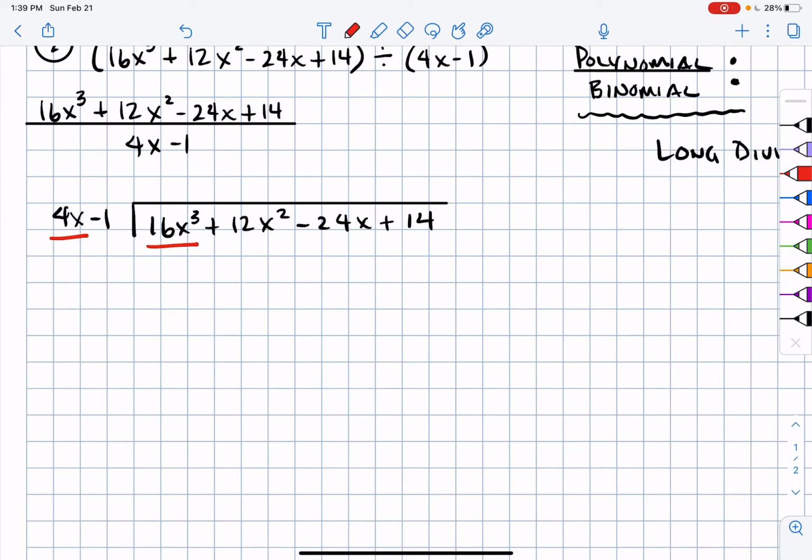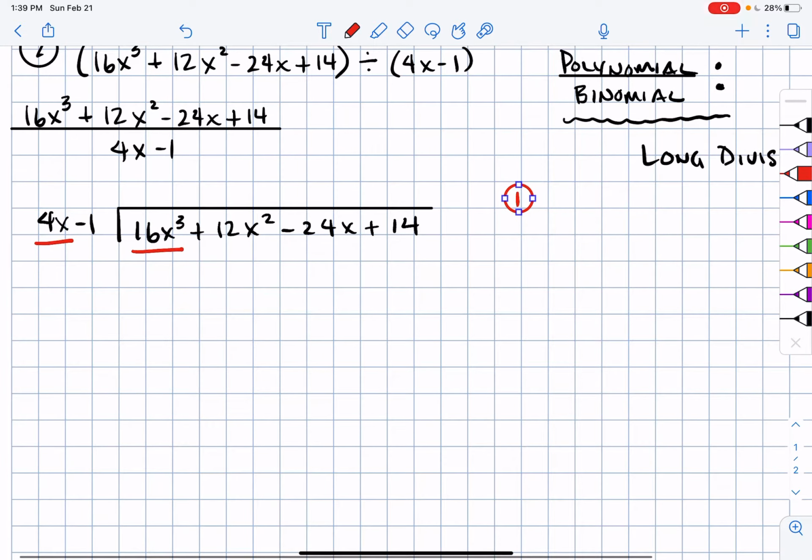So my step 1 is, how many times does 4x go into 16x cubed? You guys can do the work right here, 16x to the third divided by 4x. And what you'll get is 4x squared. So I'm going to put down 4x squared. That's the first step.